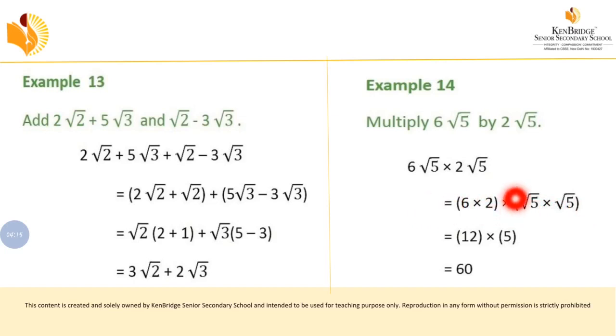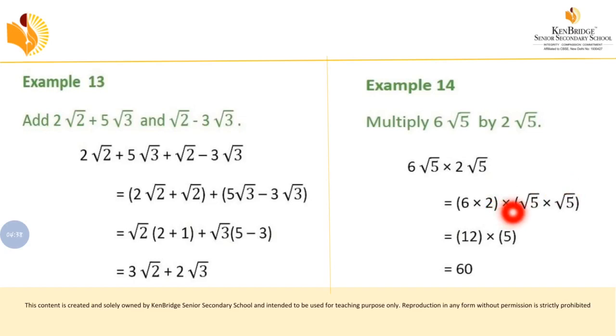So 6 times 2 becomes 12, and root 5 into root 5: when you multiply the root of the same number twice, it becomes a whole number. If you multiply root 5 into root 5, the answer will be 5. In the same way, if you multiply the root of any number by itself, you will get a whole number.